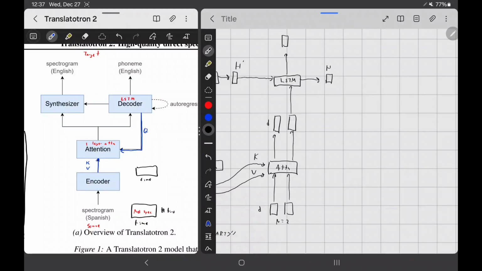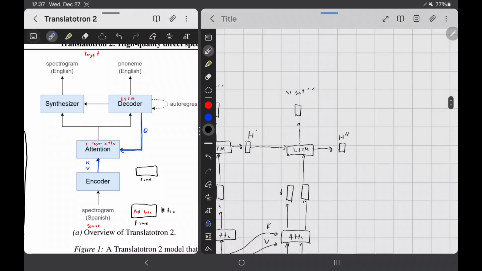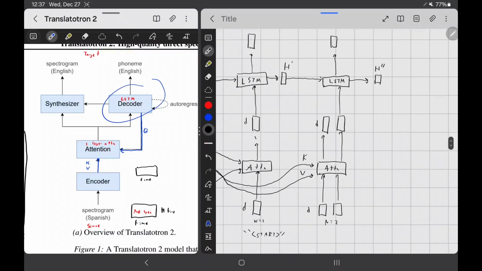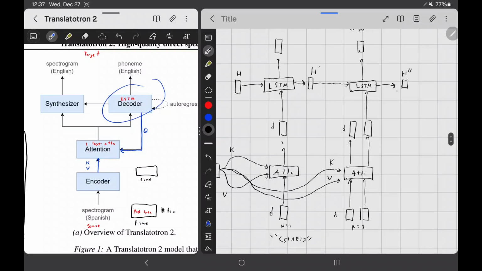And then another hidden state, and so on until you produce your sequence of phonemes, whatever that may look like for this vocabulary. So for English phonemes, you produce that using this decoder, using this attention module first, and then this LSTM module up here.